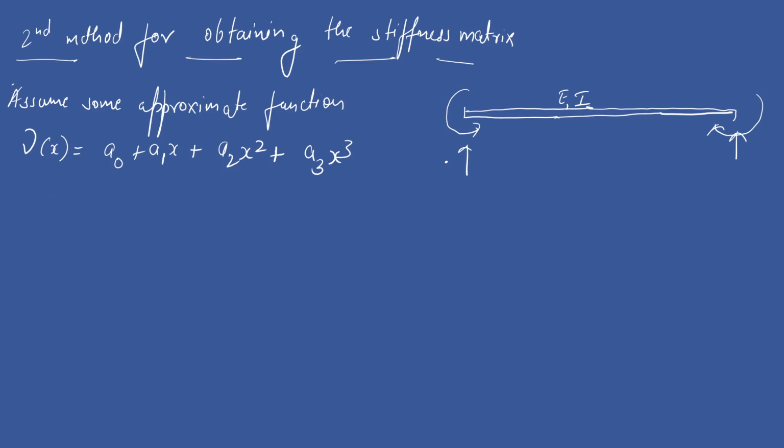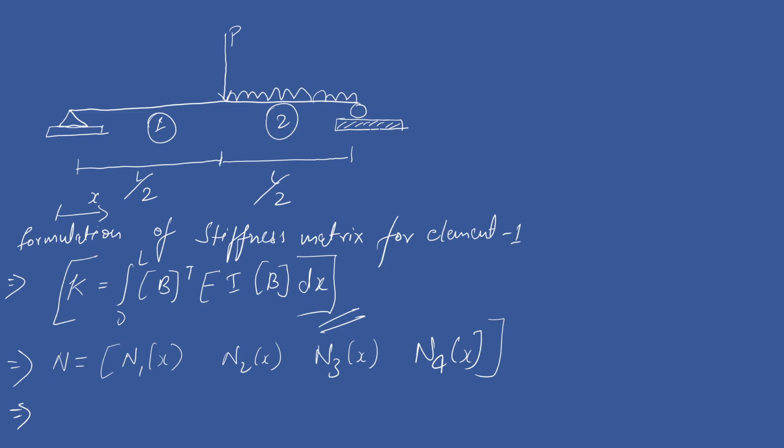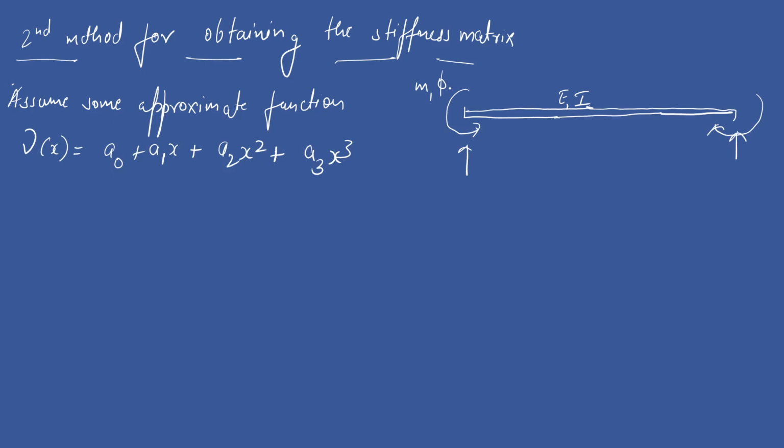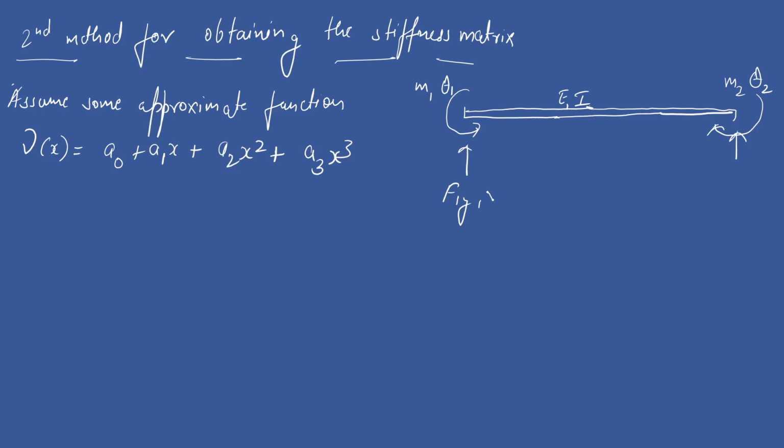And then from our problem, let's say at this end we have the generated moment m1 with rotation theta 1, then this is m2, this is theta 2, then here you have force f1y and your displacement v1, and f2y and your displacement v2, right?